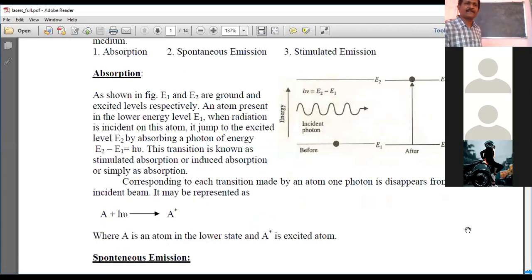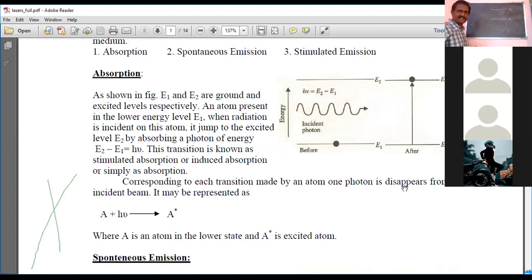Right. Okay. See this absorption. So absorption is a process in which the absorption of energy occurs. I'll be giving you step by step, one by one. Imagine there are two energy states, let us say E1 and E2.